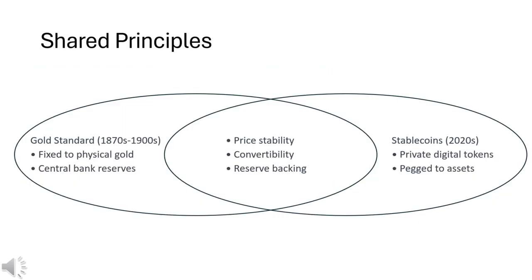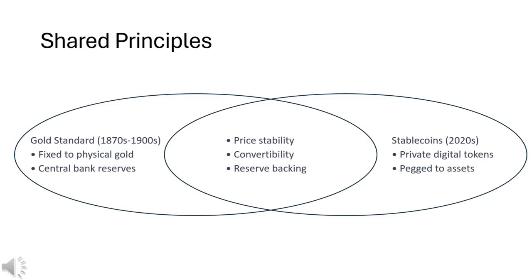Both stablecoins and the gold standard share a fundamental principle: achieving price stability by pegging money's value to a reference asset rather than leaving it to discretionary policy or pure market forces. The gold standard, widely used from the 1870s to the mid-20th century, legally defined currency units according to fixed amounts of physical gold.